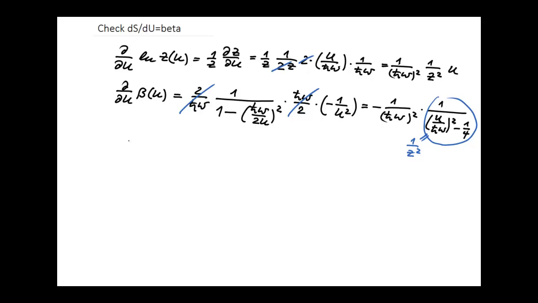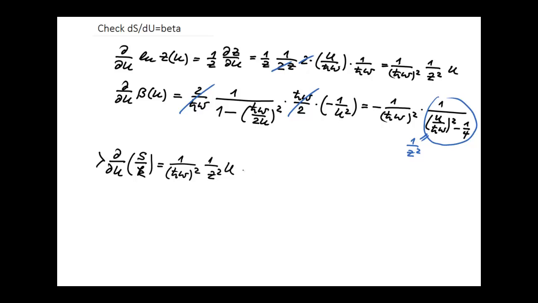And now we can use these intermediate results and try to calculate the partial with respect to u of the entropy. The entropy is the log of the partition function plus beta u. So first we have the partial of the log of the partition function. That's the result that we had on the first line. This is 1 over (h bar omega) squared, 1 over z squared, times u.